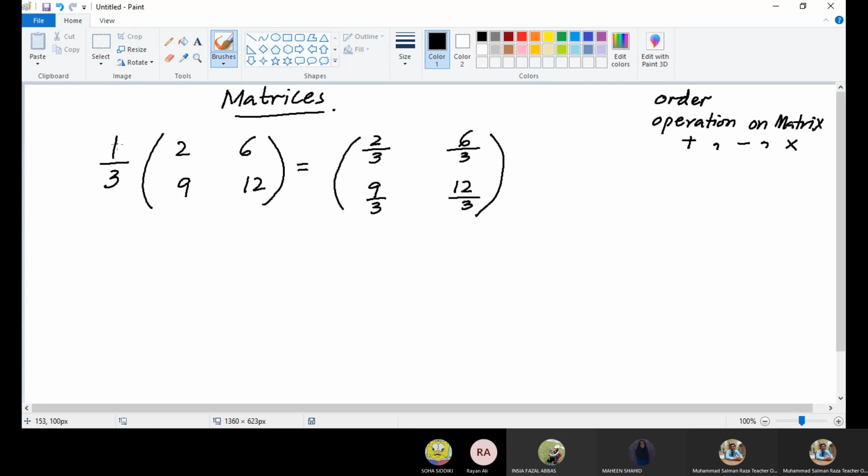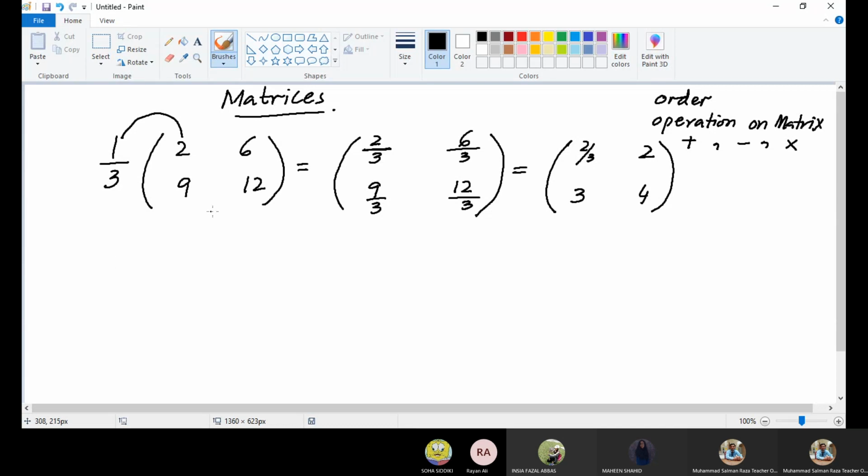We divided each one of them by this 3, because 2 multiplied by 1 is 2, and then the upon sign will be created over here, and then 3 is going to be written downwards. So this 2 upon 3 will remain the same. This is going to become 2, this is going to become 3, and this is going to become 4. And then we close the bracket. So this is how we solve the question.